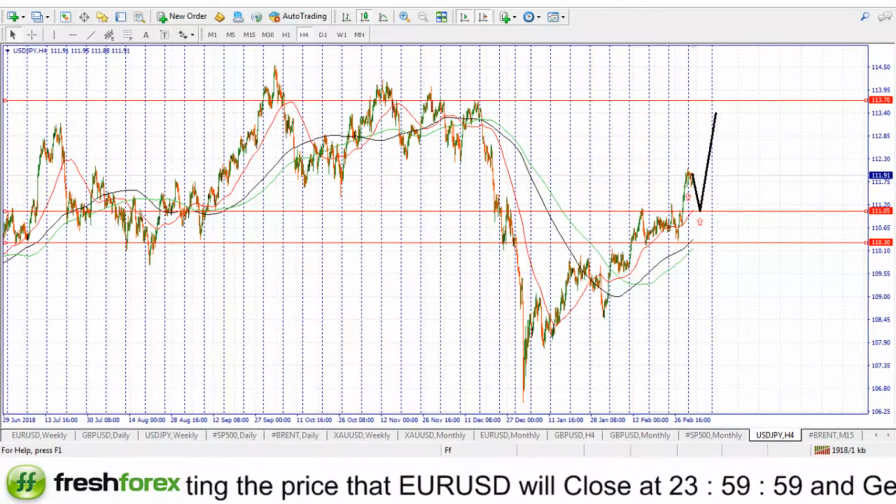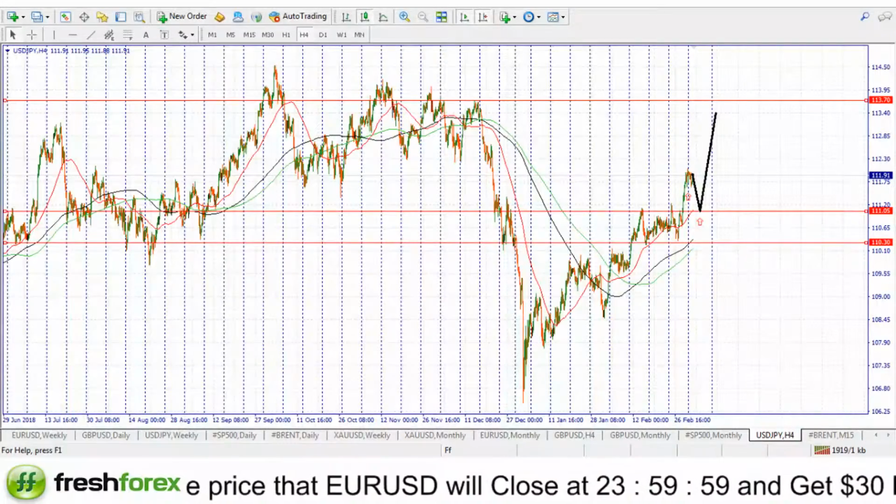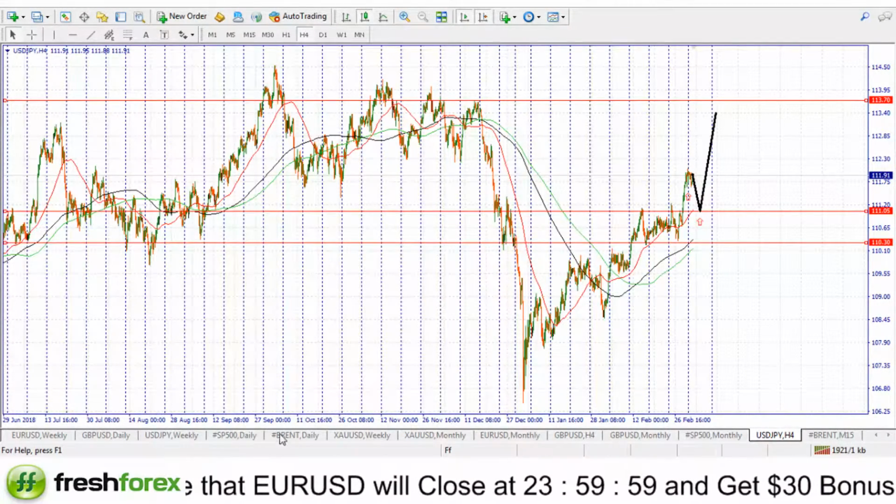So we'll move to the next chart, and that should be SP500. We have SP500 here.